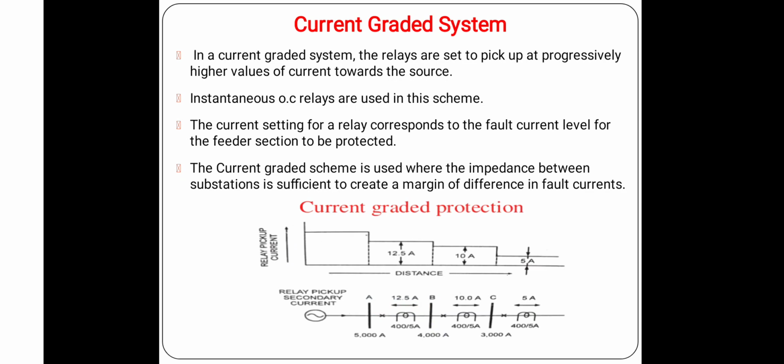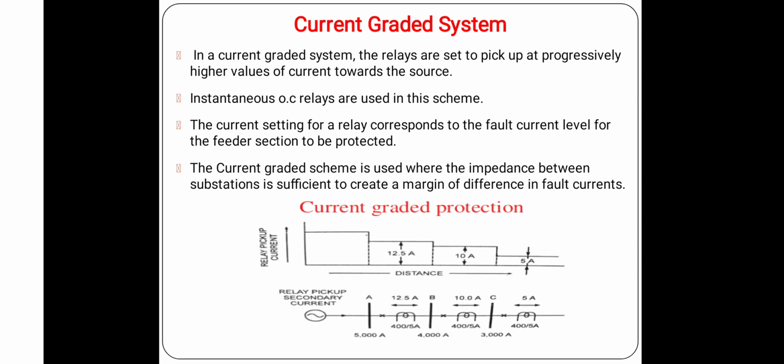This happens because there is very little difference in fault currents if a fault occurs at the end of section AB or at the beginning of section BC. The second difficulty is that the magnitude of the fault current cannot be accurately determined, as all the circuit parameters may not be known.